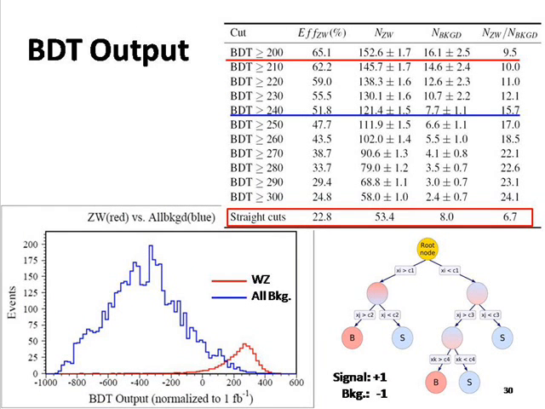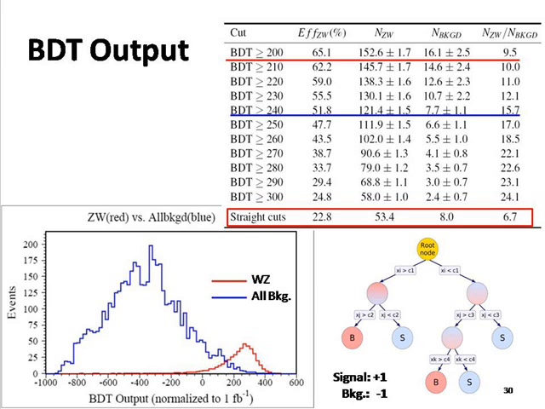And here is the BDT output. Let's first look at the bottom left plot. The red line is the signal, the blue line is the background, the x-axis is the BDT output, and the y-axis is the number of events.